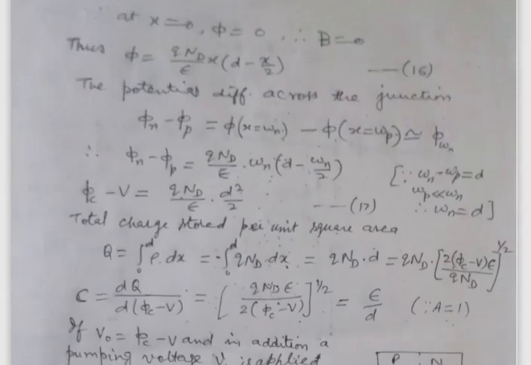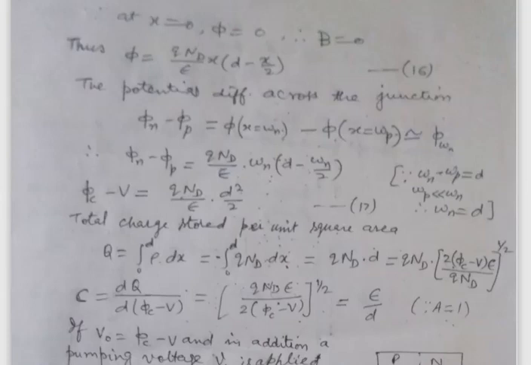The potential difference across the junction, which is given by phi n minus phi p, that is phi at x equal to Wn minus phi at x equal to Wp, which is nearly equal to phi at Wn. So this will give us the value, which is given by equation number 17.